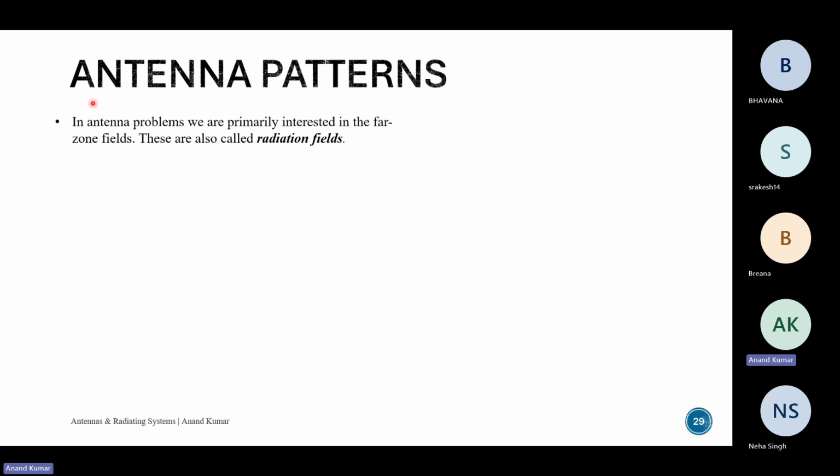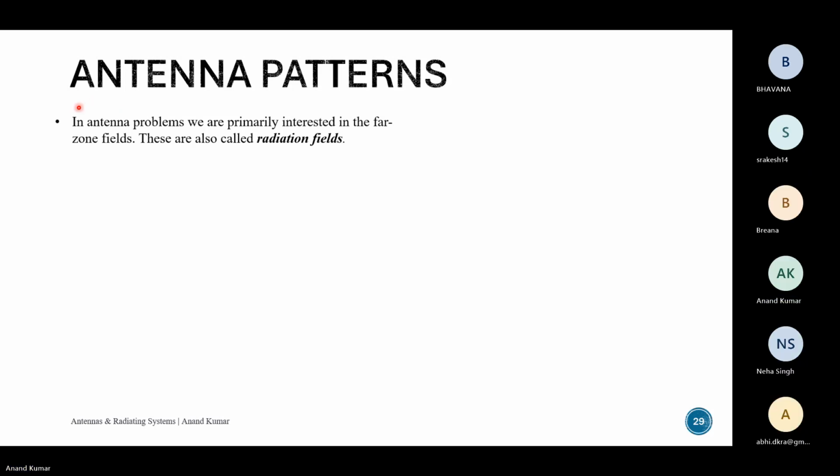So most of the measurements or most of the working of the antennas, we consider them in the far field, and we study that. There are certain areas in which the near field is of more importance, for example, wireless power transfer, and some cases of biomedical applications where near field effects are more dominant.